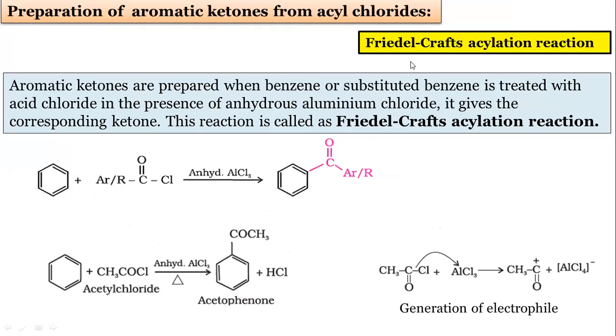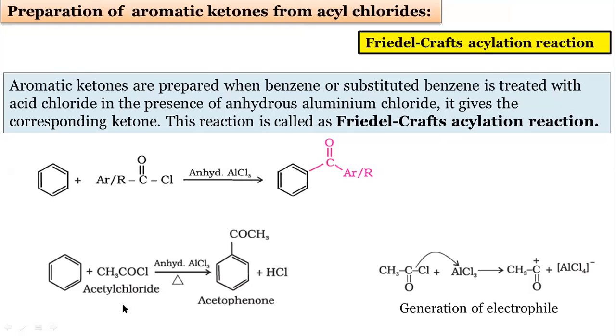This is the Friedel-Crafts acylation reaction. In 11th standard, we already learned this reaction. This is simple benzene plus RCOCl. I have taken this reaction from the 11th standard textbook. Benzene plus RCOCl, where we can take any acyl chloride.